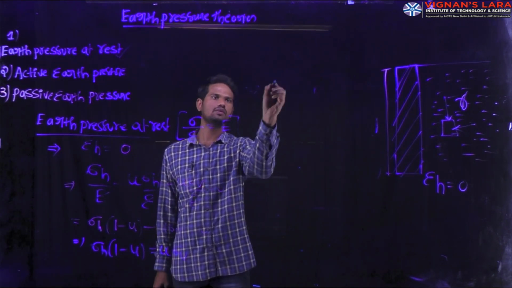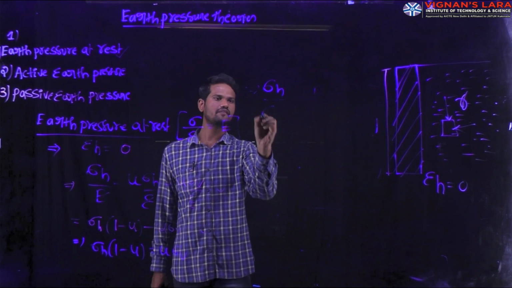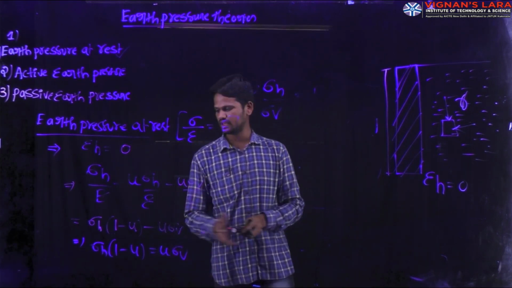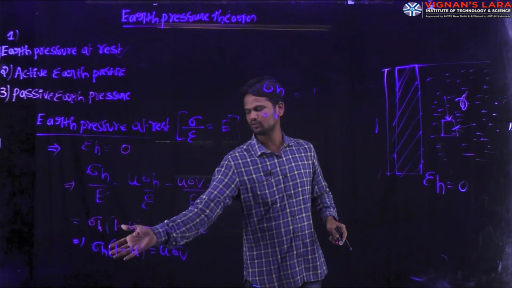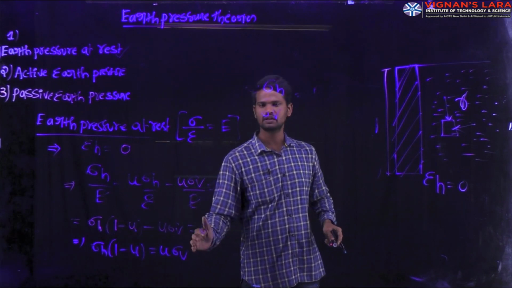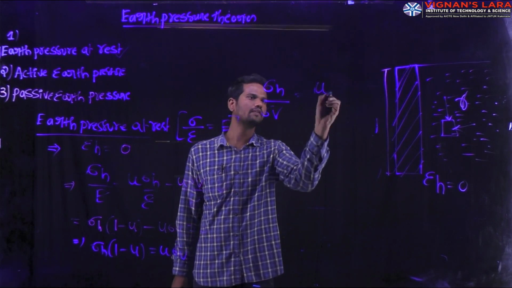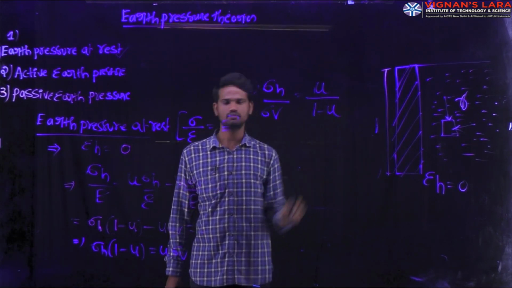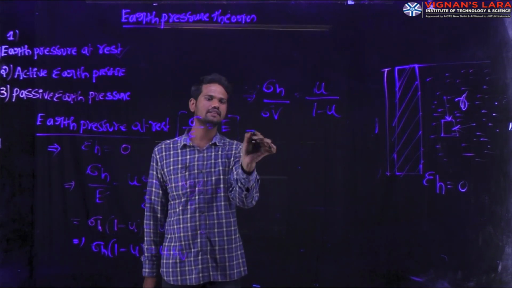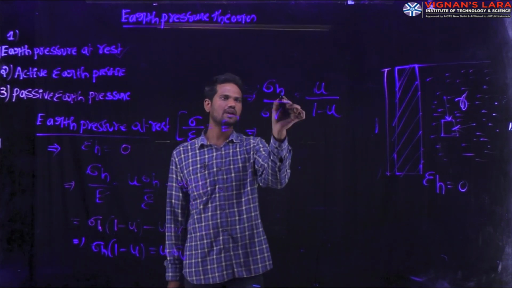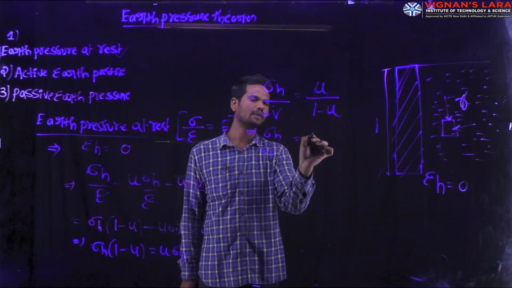Taking sigma v to the right side and 1 minus mu to the left side, that means sigma h by sigma v equals mu divided by 1 minus mu. This is the formula for the coefficient of earth pressure at rest condition, where sigma h by sigma v equals mu divided by 1 minus mu.